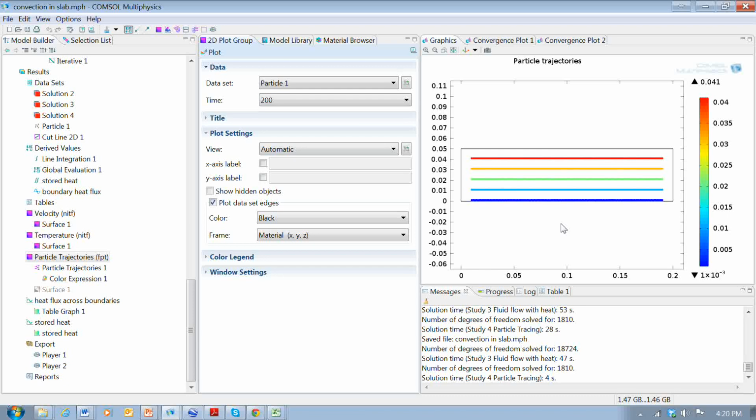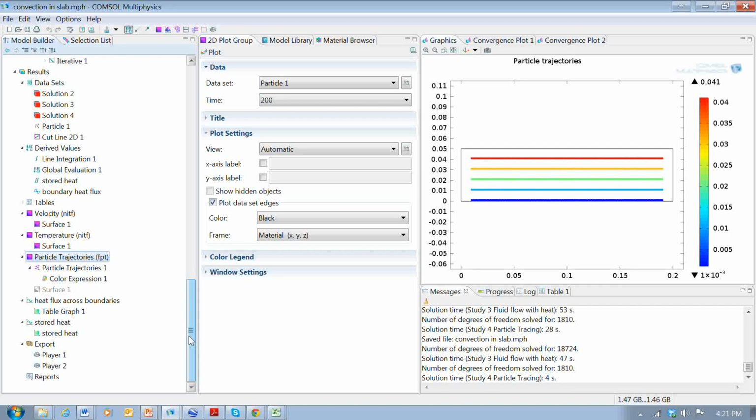So, not a whole lot of movement. So we've heated this from the top, we've heated the fluid by conduction, and the movement of the particles that we've seen is, well, I couldn't see any movement at all. I guess they moved a little bit, but not really, so it shows up.